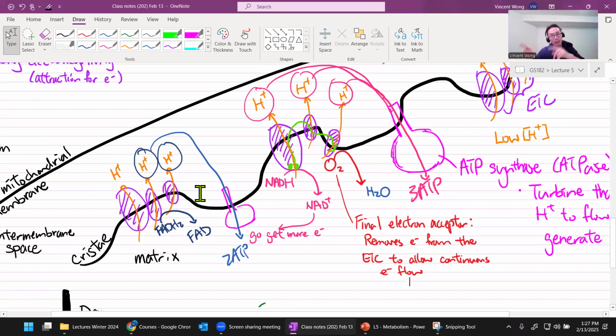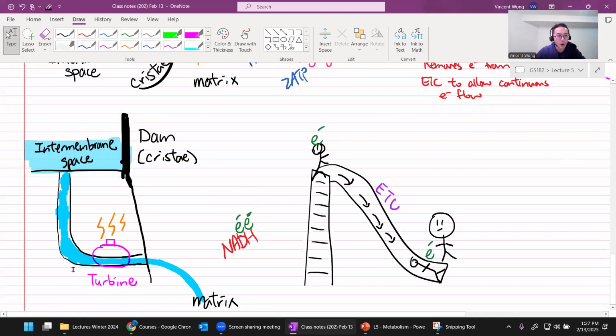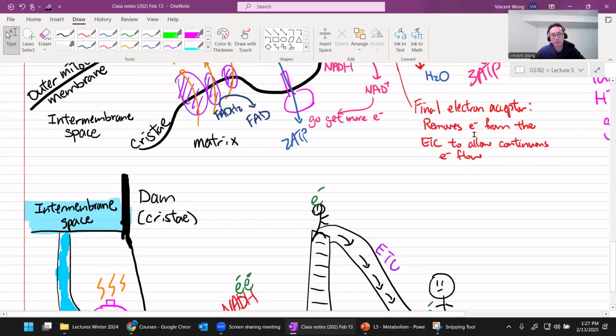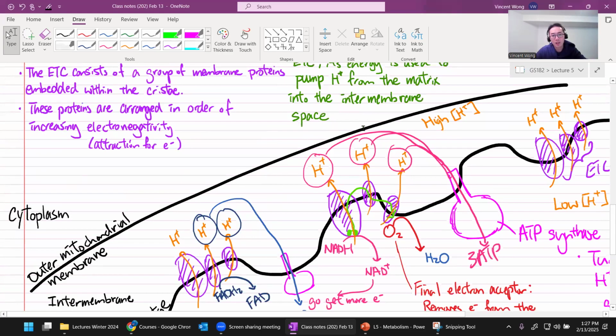It's like not letting the water flow in the dam, and if there's no flow, we cannot generate electricity. Similarly, if we don't let the electron flow, we cannot create this H+ difference, and then the H+ won't be coming back in anymore, and we don't make ATP. So not breathing, not having oxygen means not producing ATP.